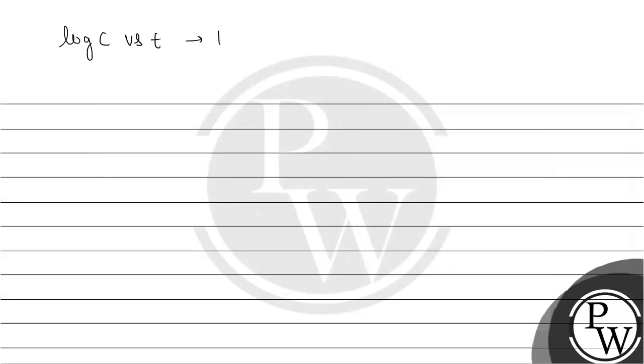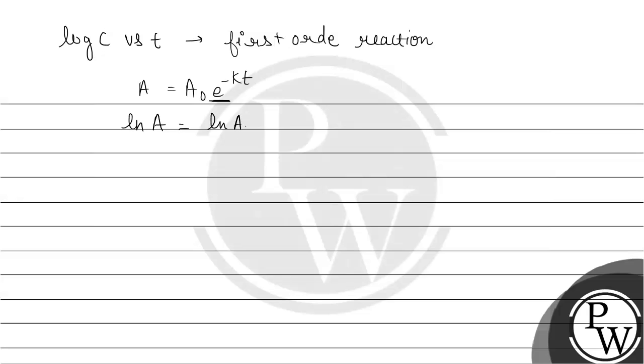Now let us see the next one, log c versus t. हमें first order reaction के लिए slope निकालना है. First order reaction वो reaction होते हैं जिसमें जो rate है that is linearly dependent on the concentration, and जो equation आता है that is A is equals to a naught e raised to power minus kt. So हम natural log लेंगे for removal of this exponential. ln A is equals to ln A naught minus kt.